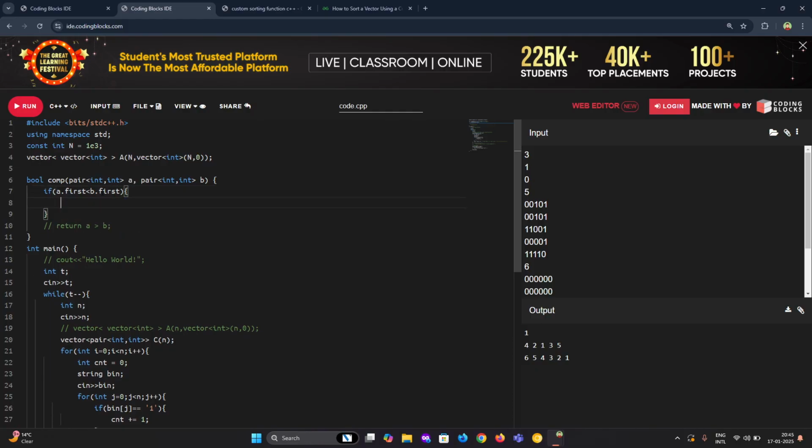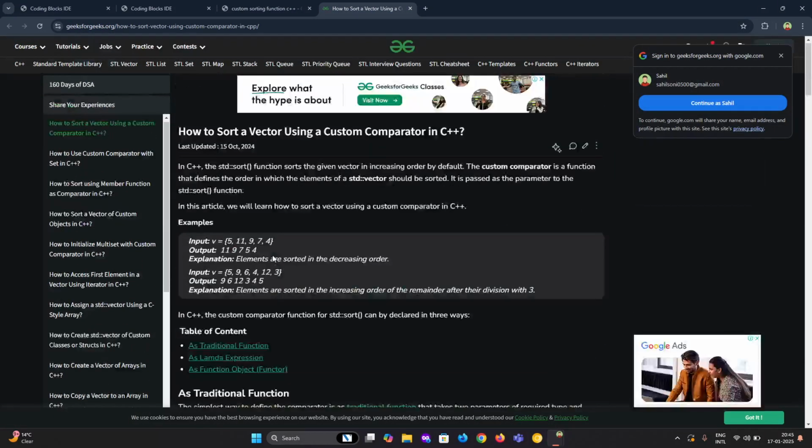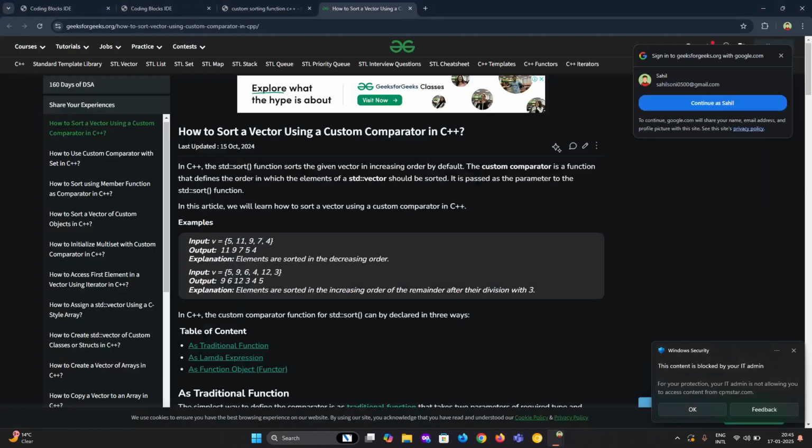The first counts are this way. Return true if they are in the correct order, right?